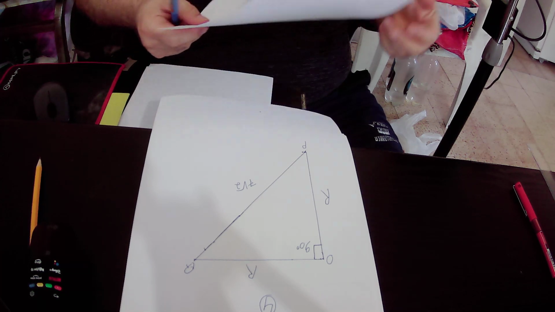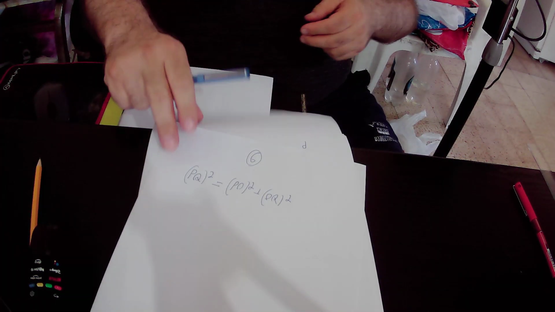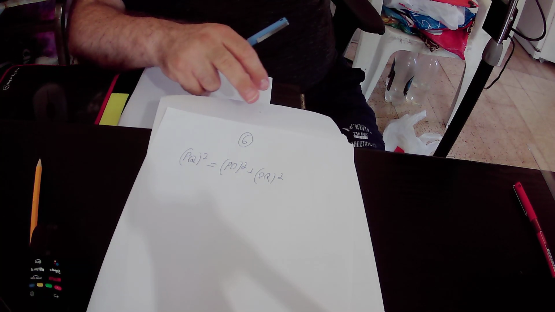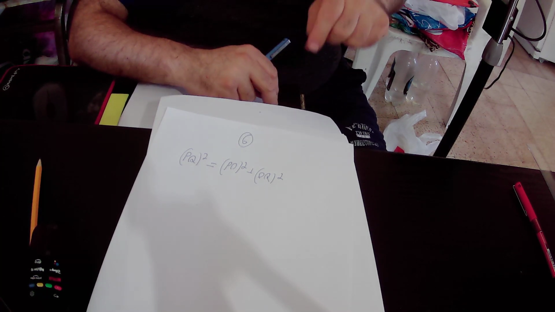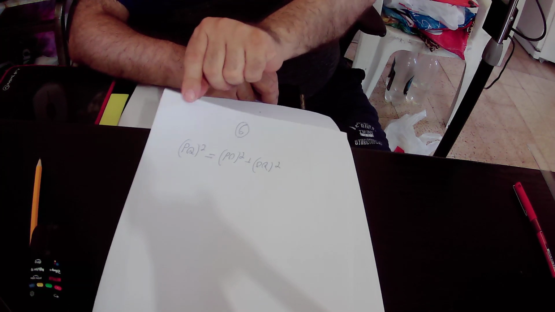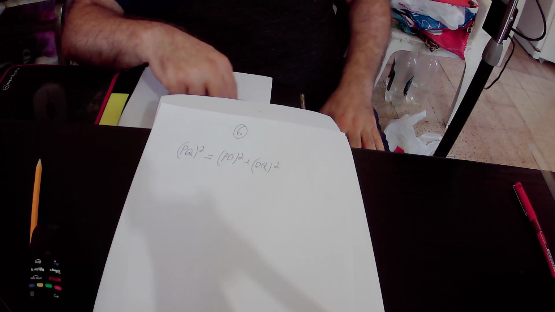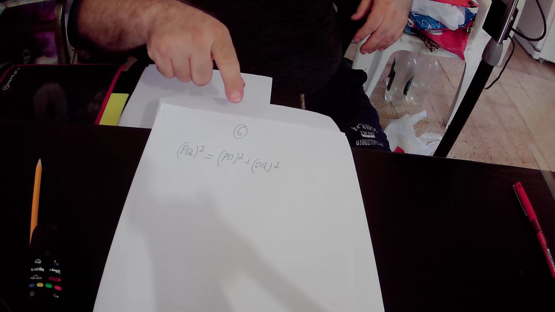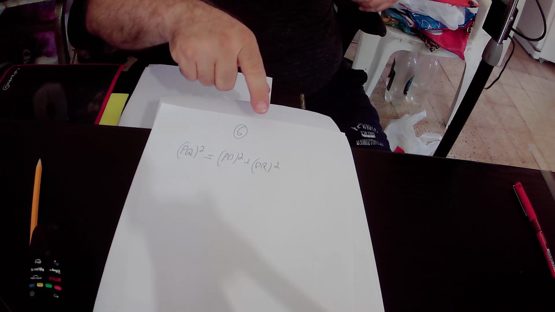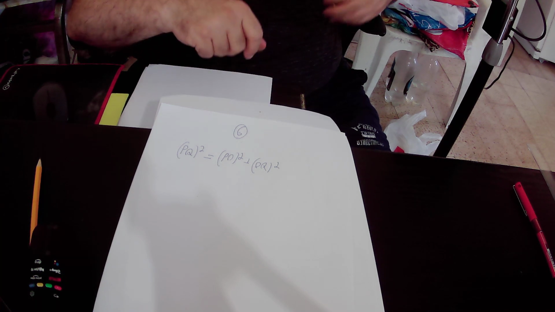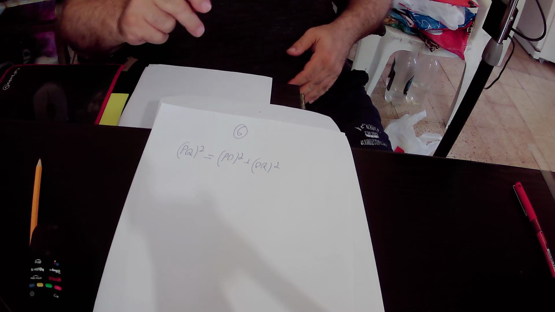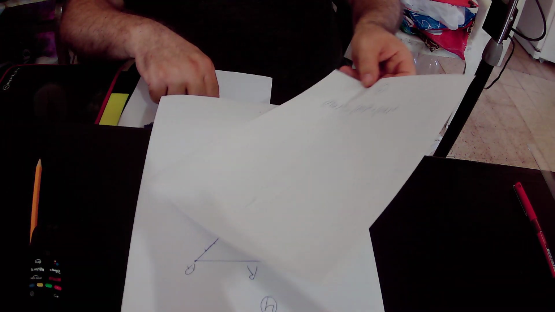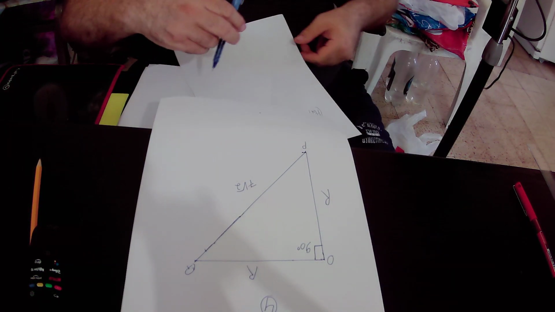Okay? PQ squared equals to PO squared plus OQ squared. But we know that PQ equals to 7 times root 2, PO equals to capital R, and OQ equals to R. So we can put the data in the equation and we will find the value of capital R.